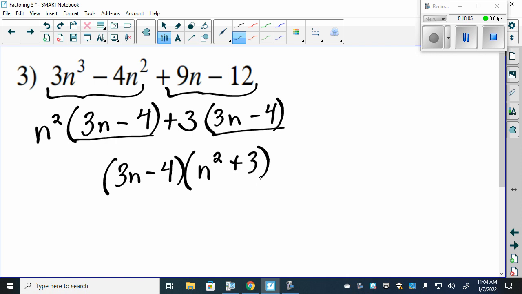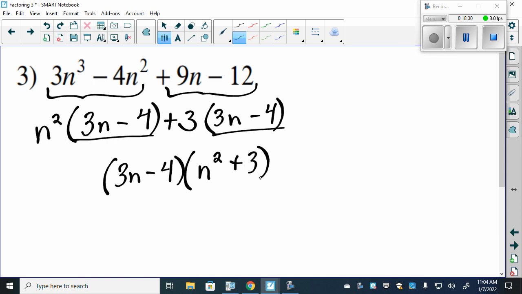Now when factoring, one thing that's nice to look for, and probably should have mentioned this the other day, is looking at each one of these terms individually and seeing the degree. For 3n minus 4, what is the degree of that polynomial? 1. Because if we get to a degree 1, we're done. That is as factored as it can get. Now if we look at n squared plus 3, the degree is 2.